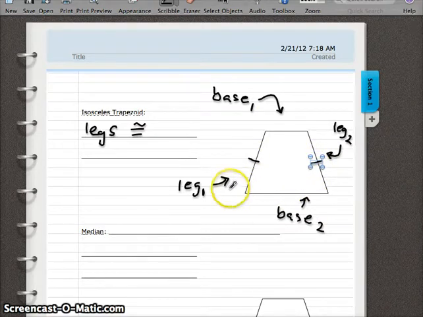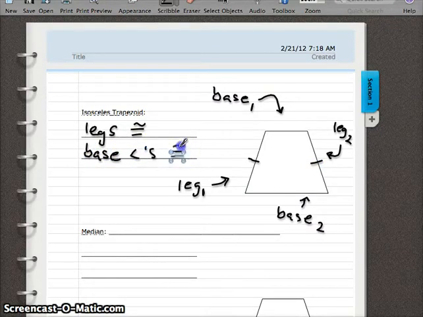And then if you remember in isosceles triangles, we had things called base angles. Well, we have the same thing in isosceles trapezoids. We have base angles, and the base angles are the angles that are the same measurement. They're congruent. So this angle is a base angle. This angle is a base angle because it's attached to the base, and they're the exact same measurement.